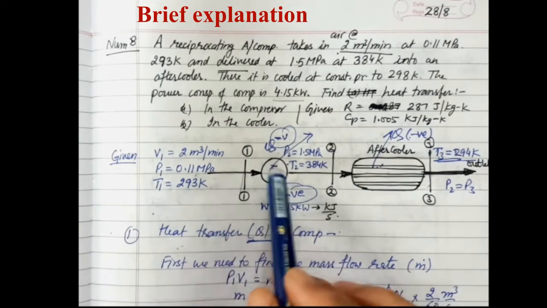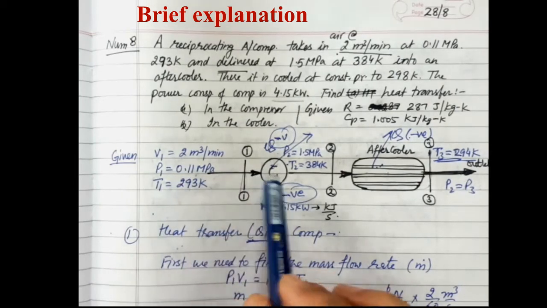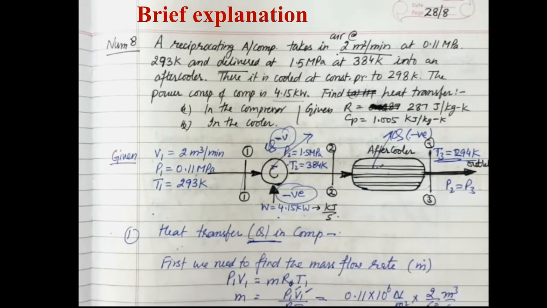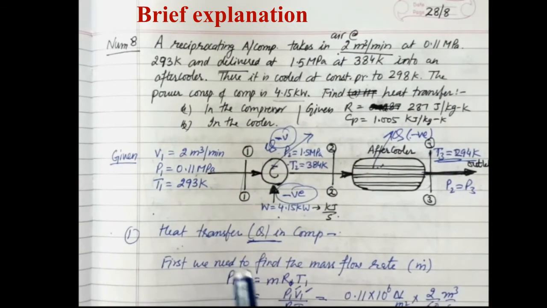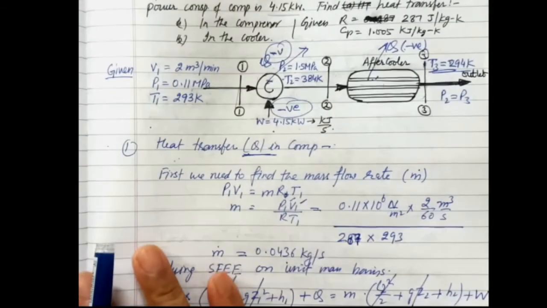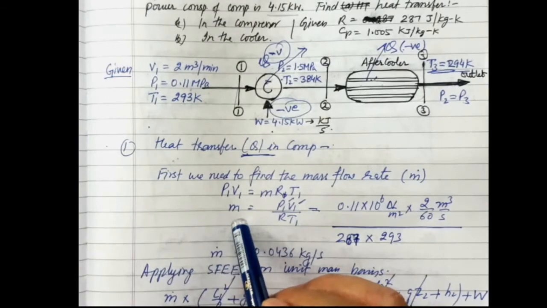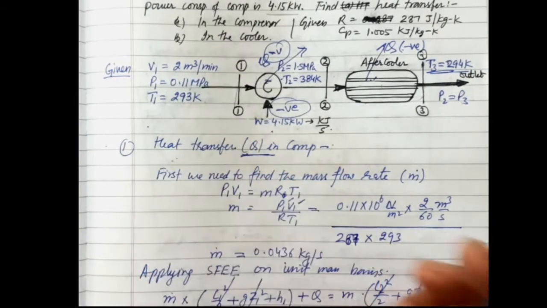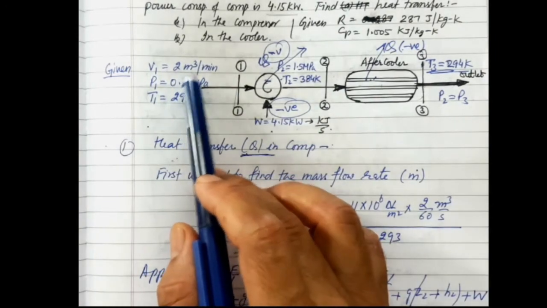So first we apply the steady flow energy equation for this air compressor. Second, we apply the steady flow energy equation for the after cooler. So initially we start the numerical by finding the value of mass flow rate, because we have been given the volume flow rate in cubic meter per minute. We need to find the mass flow rate in kg per second.